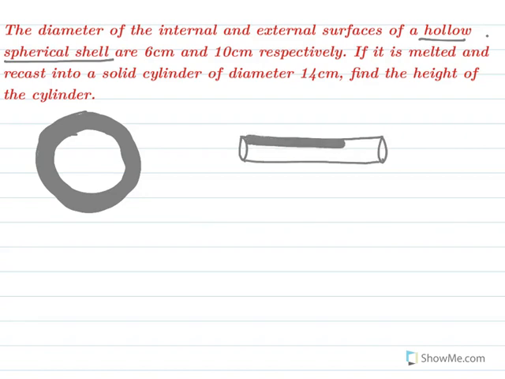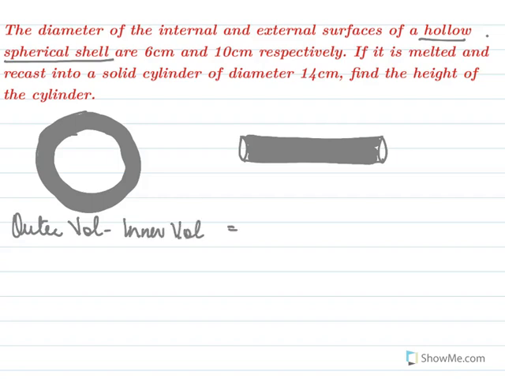So the volume of the metal equals the volume of the cylinder. Now the volume of this metal will be outer volume minus inner volume, which is equal to the volume of the cylinder.